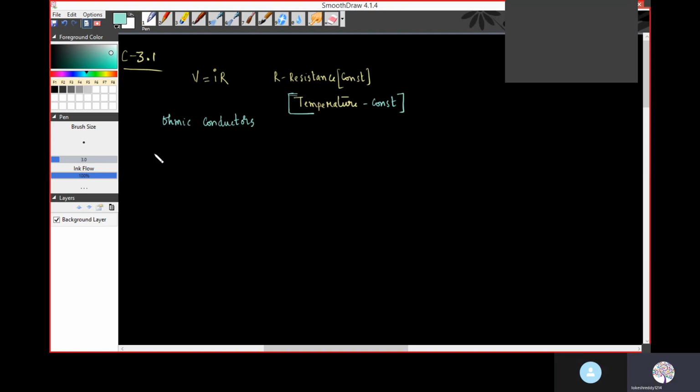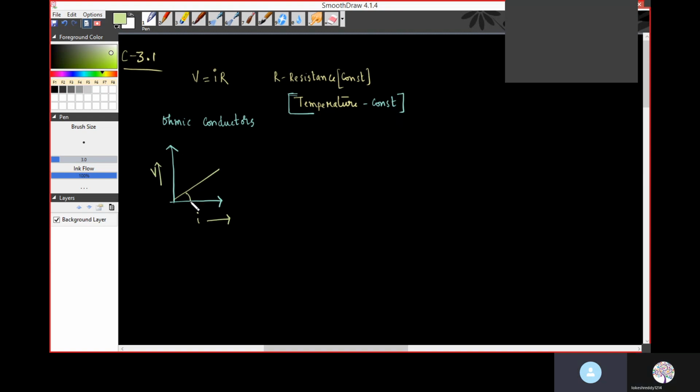Now, if you obey Ohm's law and you draw a VI characteristic, potential difference against current, then you will get a straight line because it is a direct relation.